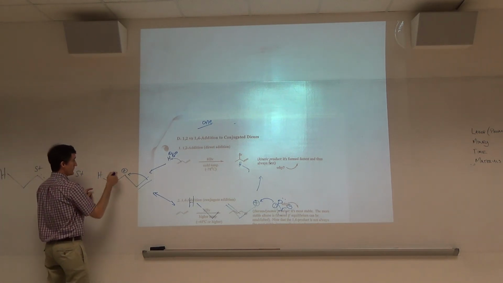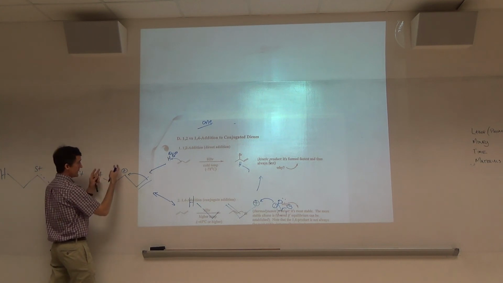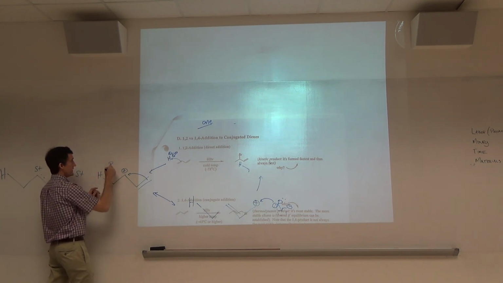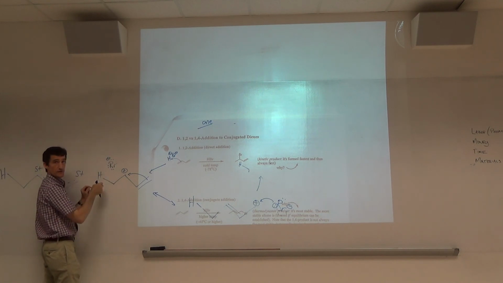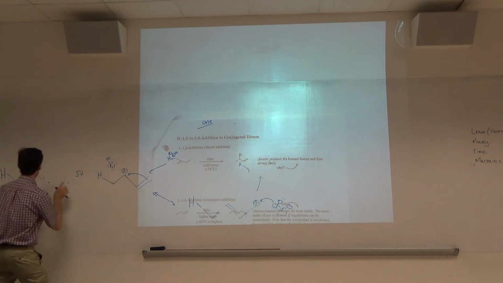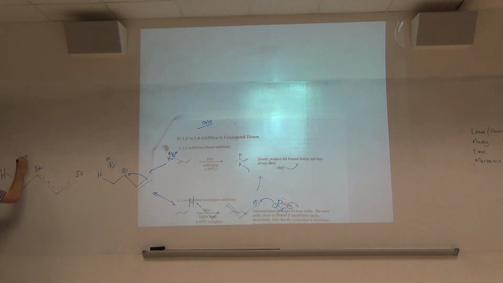Now, when the H is here, where's the Br? It's still here. It's nearby the H that was added. Now, if it's here, let me draw it over here. Which is going to be faster? Attack here or attack there? It's faster to attack here.